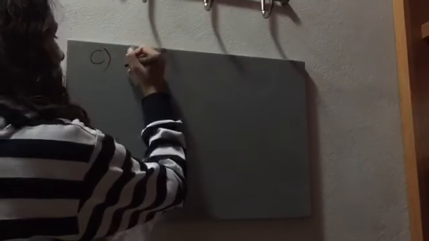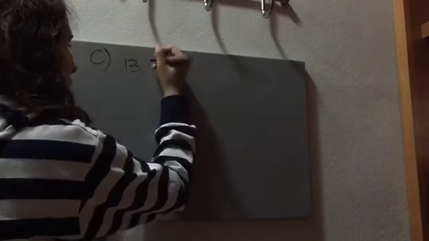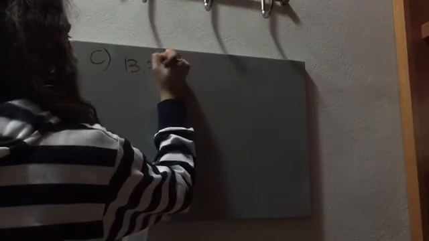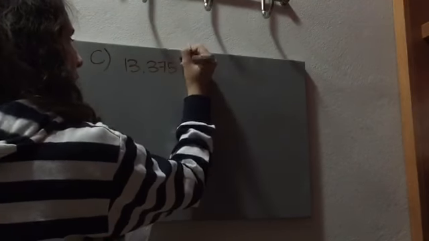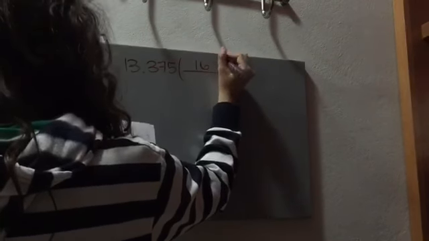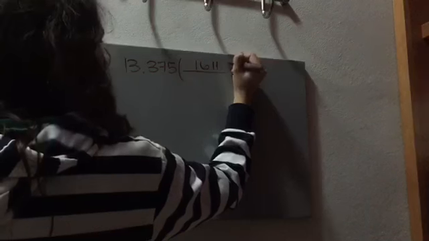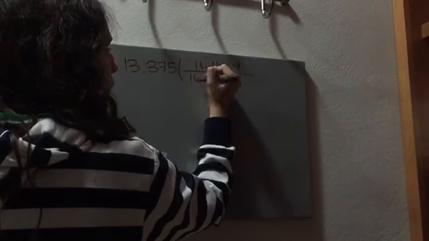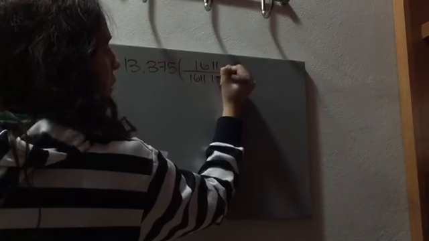Letter C is like in letter B. What we have to do is substitute on the X our number that we want to know, our monthly payment of 1,611.19 on both places where the X was.